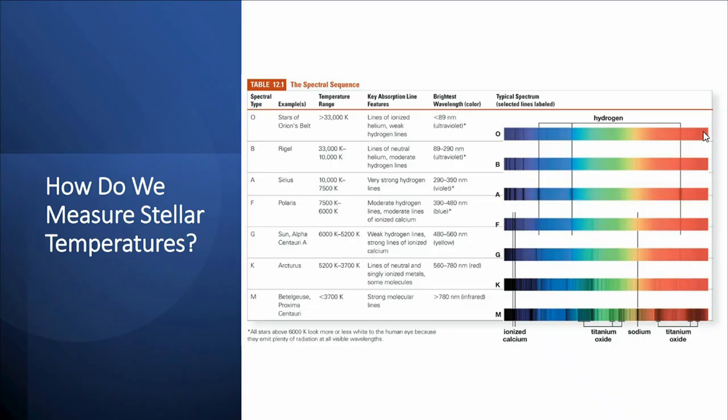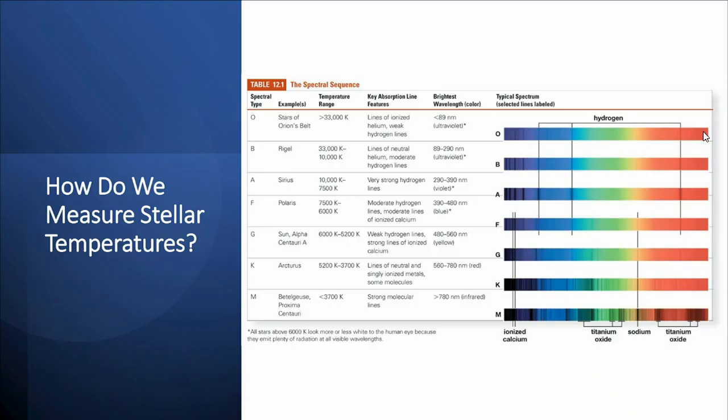And ionized hydrogen will have a different spectrum compared to not ionized hydrogen. But there's lots of different elements in the periodic table, and they will all have a similar behavior, where if they're ionized, they have a different spectrum than if they're not ionized.